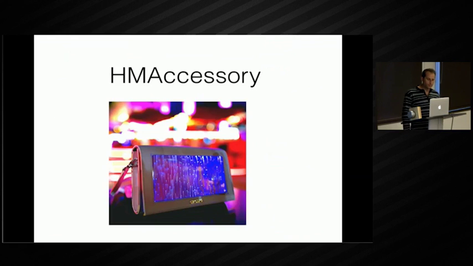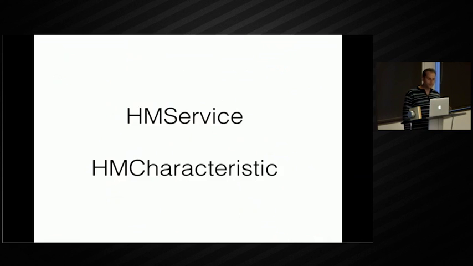Your accessory is called HM accessory, and so you can get a list of the accessories within a room or just within the entire home. And as I talked about before, every accessory has a series of services, and each service has a list of characteristics that you can access.